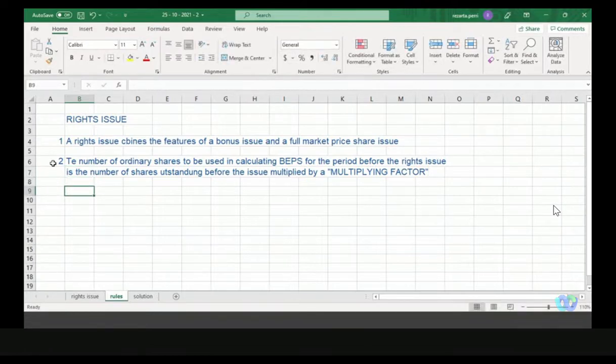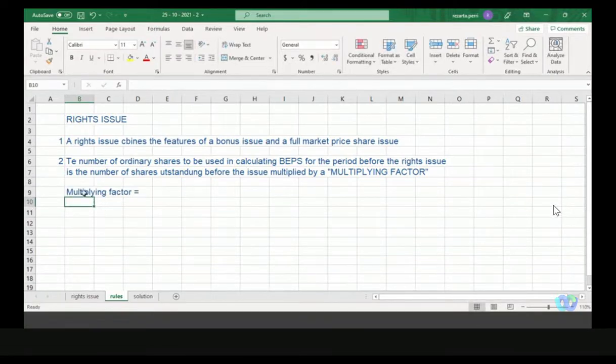Now, what is the multiplying factor? Remember that the multiplying factor, as we explained during our lecture on Friday, is not the ratio between numbers of shares, but this time it is the ratio between share prices.